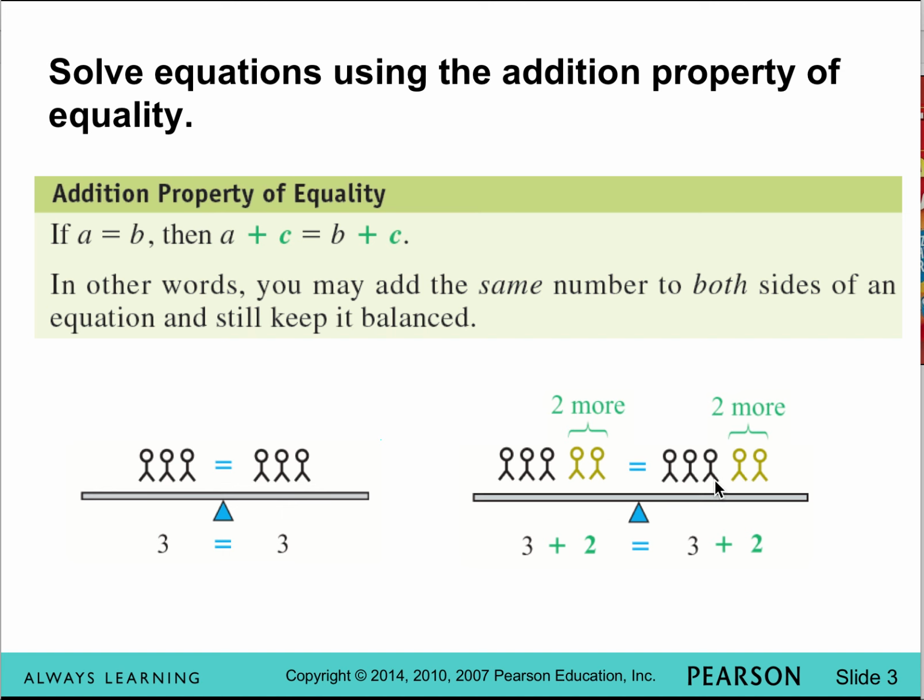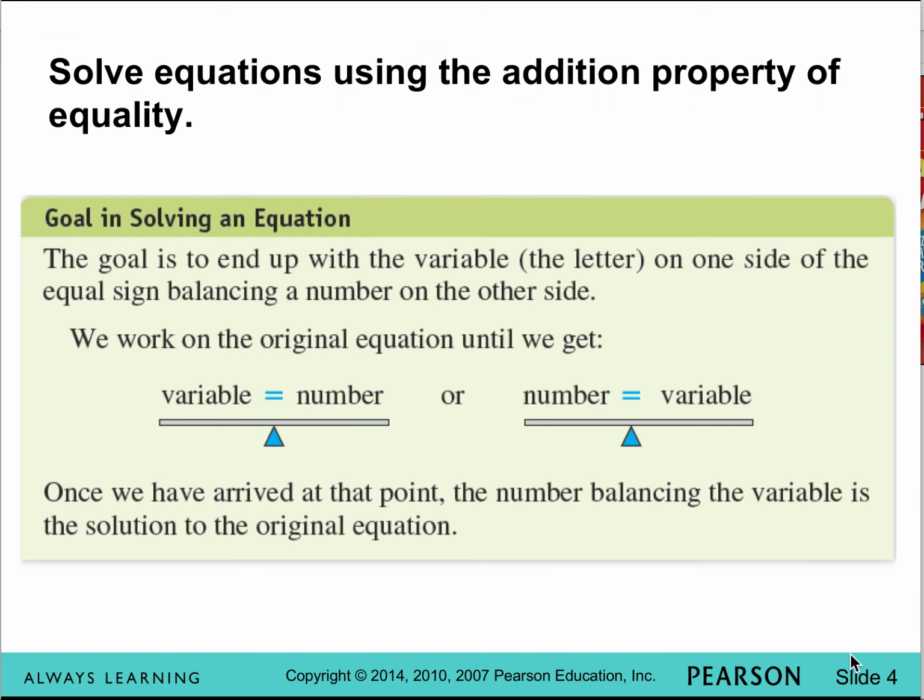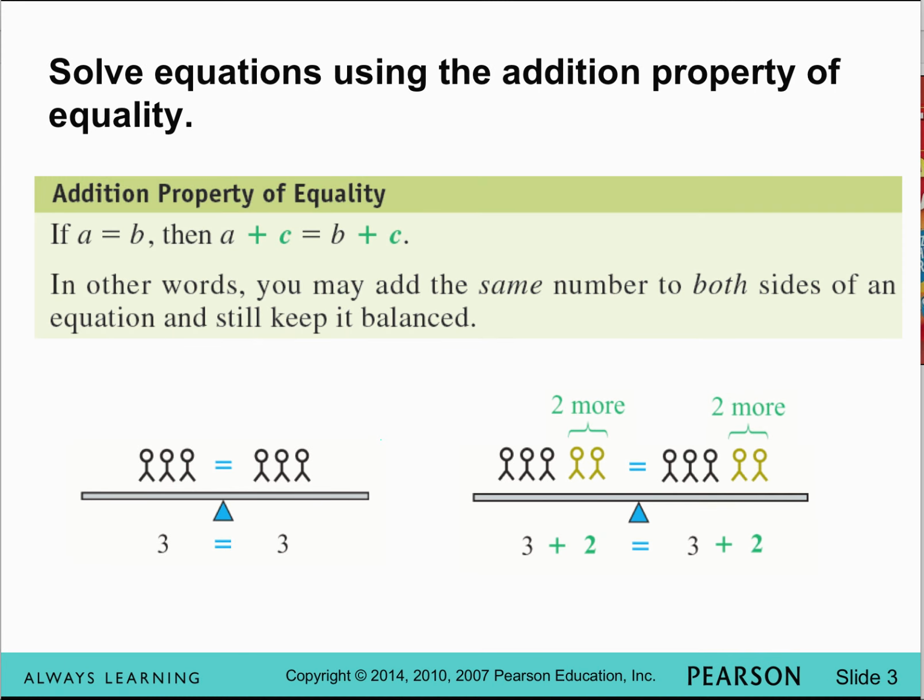This works for anything. I could have subtracted 2 people. As long as I subtracted 2 people from both sides, it would still be equal. Okay? I could have doubled the number of people. In other words, put 2 times 3 people, 6 over here, and 2 times 3 on the other side.